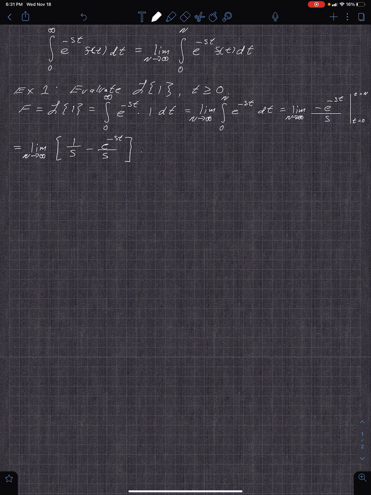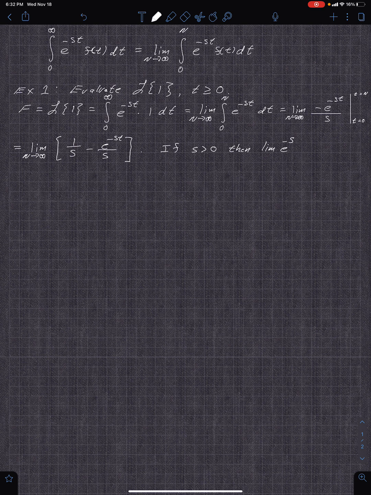And when s is positive, you get the limit to exist. So we say if s is greater than 0, then this limit equals 0.